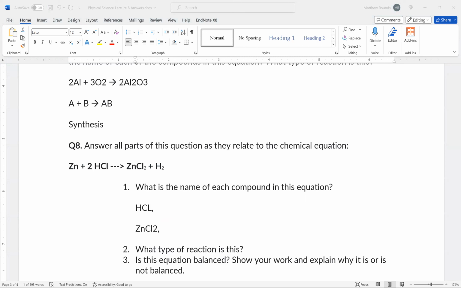Now I'm gonna type in the ZnCl2 and maybe something else will pop up. And that's aluminum. Holmium? I don't know. So the search would be something like HCl name chemistry. That's your search. ZnCl2 name chemistry.